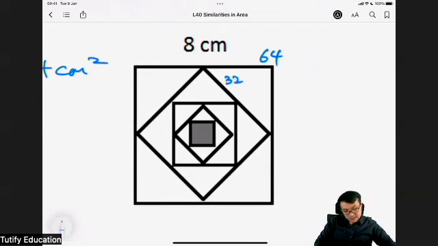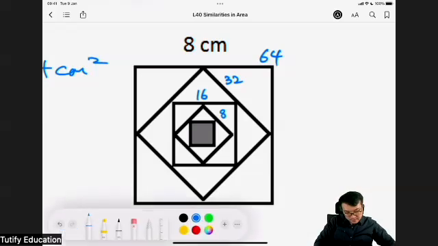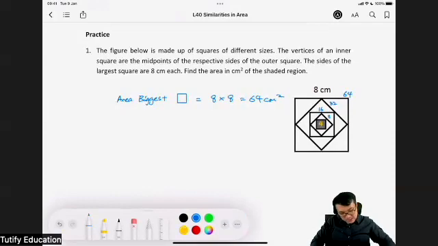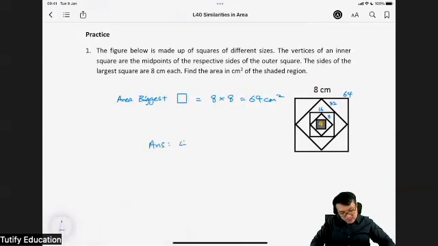What about the next one, the next square inside? It should be half of 32. 16. Yes. Then the next one. 8. And the final one. 4. Very good. So we have found the answer, which is just 4.